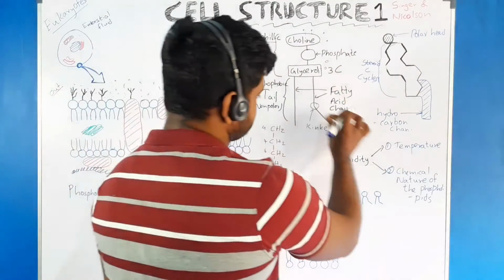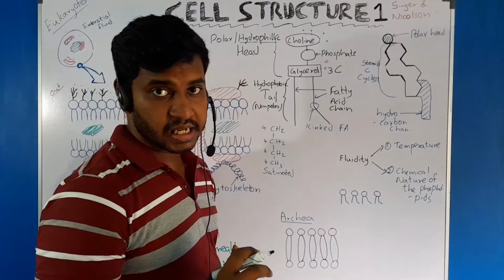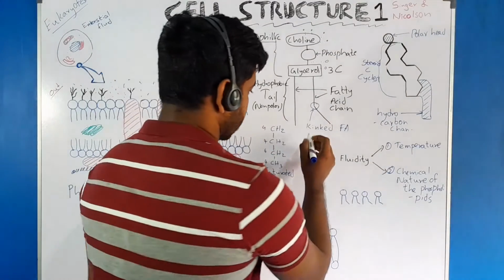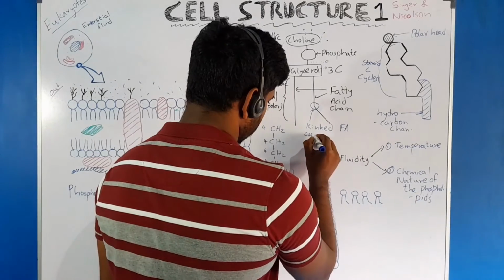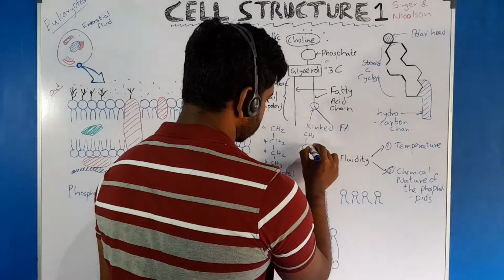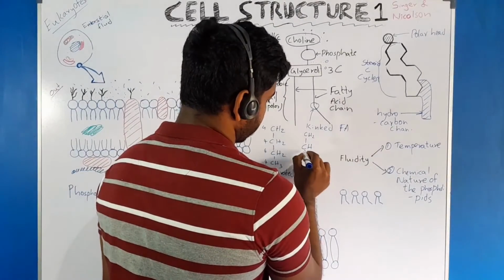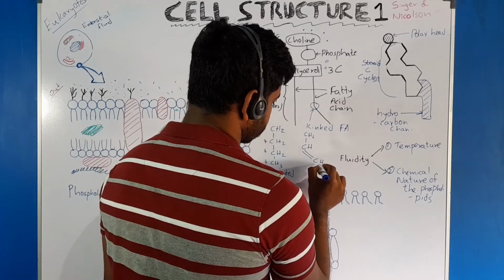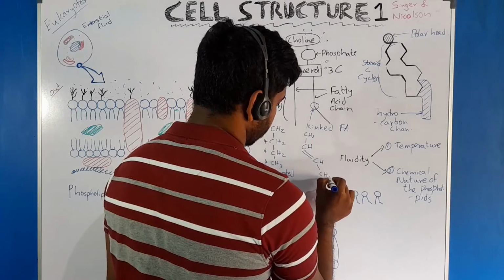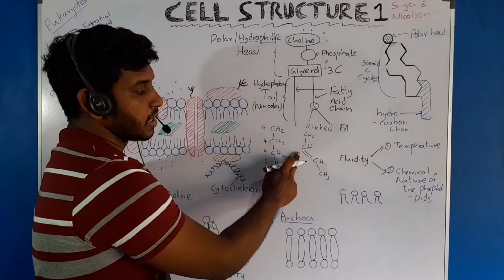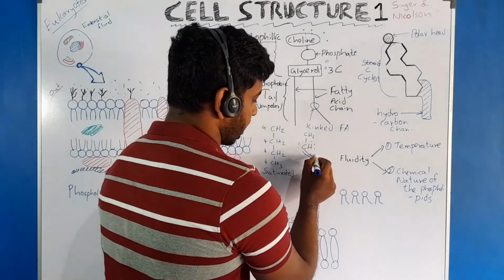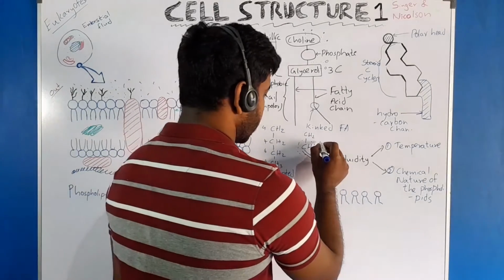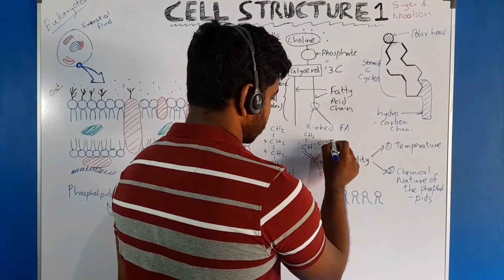But these kinked fatty acid chains make double bonds. Their carbon atoms make double bonds: CH2, CH, double bond, CH, CH3. Because of this double bond, these carbon atoms are cis.